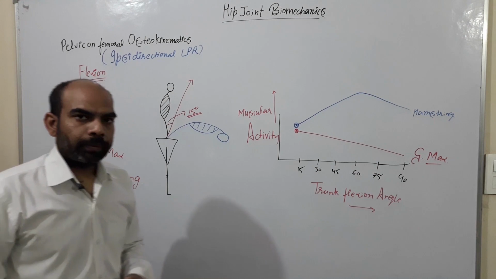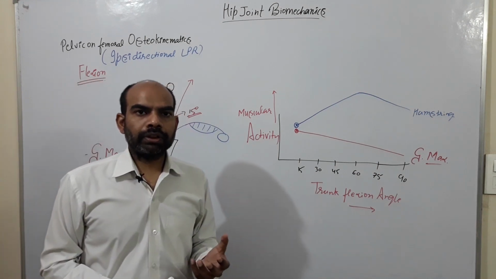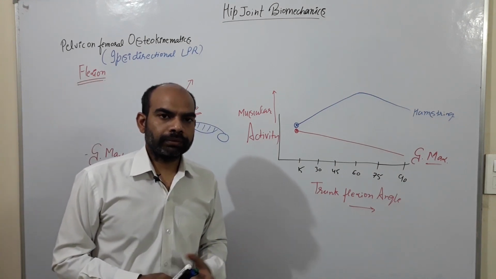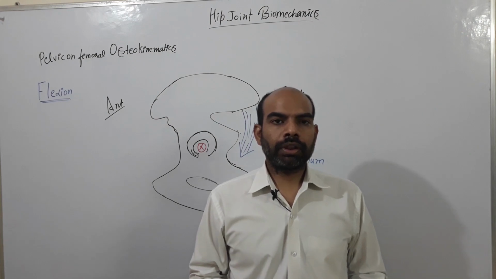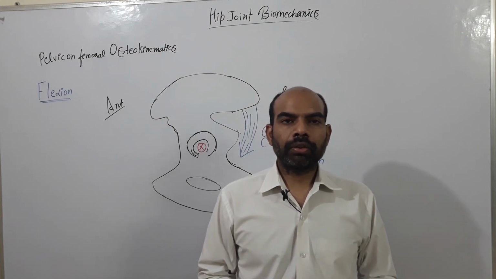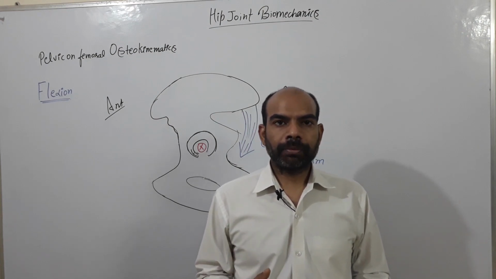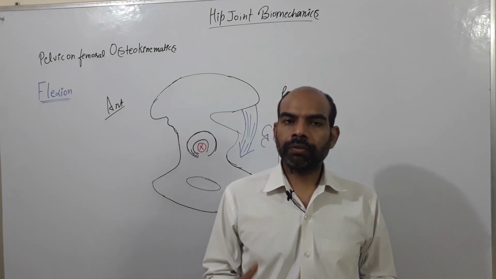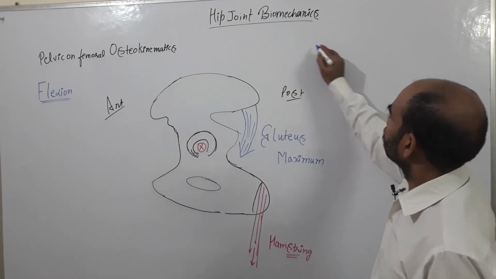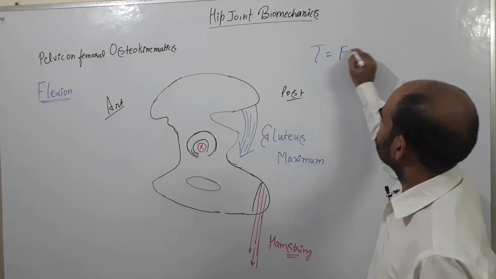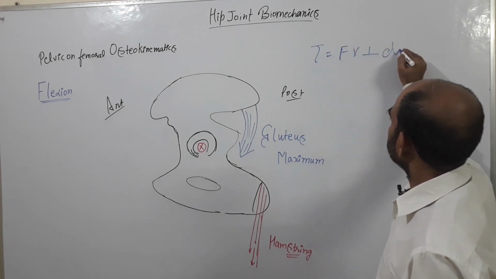Now we will discuss how this torque production changes during trunk flexion, to understand the torque production of gluteus maximus and hamstring muscle during flexion. Torque is equal to force times perpendicular distance.